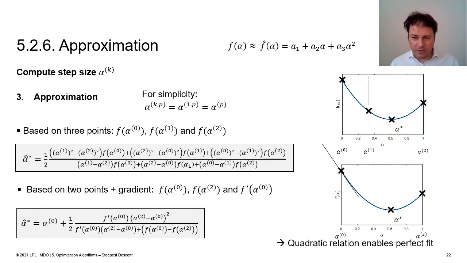So this should be pretty straightforward, and it will give you now the best guess of where the optimum along that line will be, and therefore the best possible value for your step size alpha.